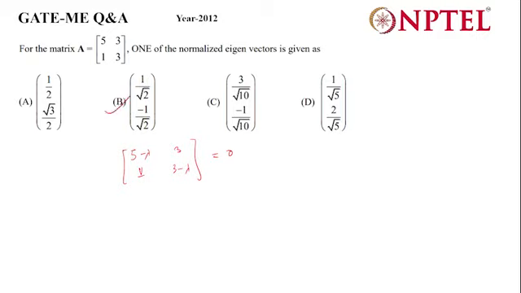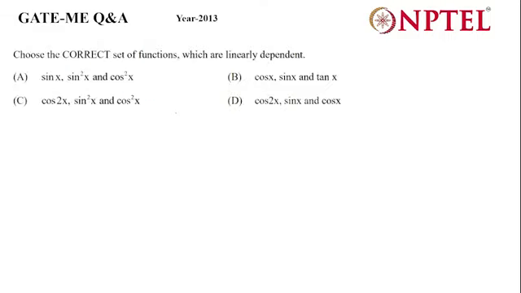Again, we just have to find the eigenvalues, which will be 2 and 6. When you put lambda equals 2, your eigenvectors will come in this form, so the only matching value will be this. This will be your answer. Solve this question. C. Okay, correct.